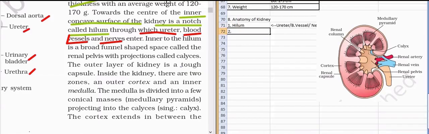Second, he is saying that the inner part of the hilum is a broad funnel shaped space called the renal pelvis. This is the second point, renal pelvis. So how to remember?